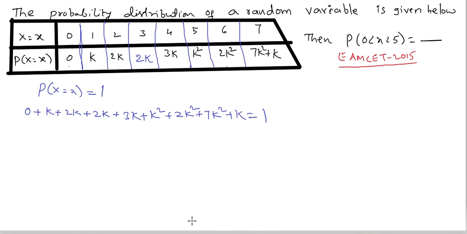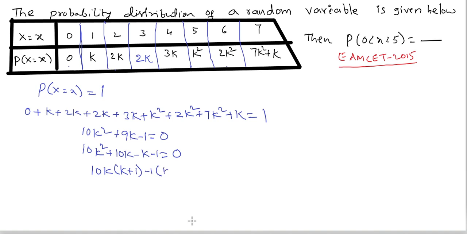So 10k squared plus 9k minus 1 is equal to 0. Taking factorization, 10k squared plus 10k minus k minus 1 is equal to 0, so (k+1)(10k-1) is equal to 0.